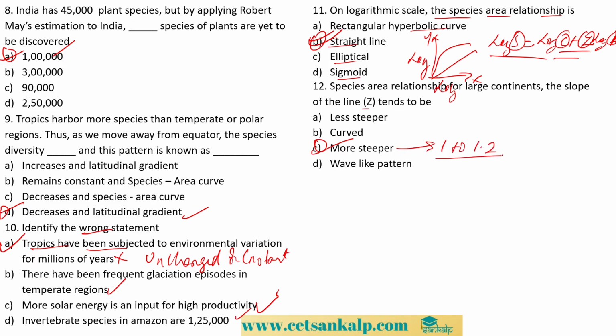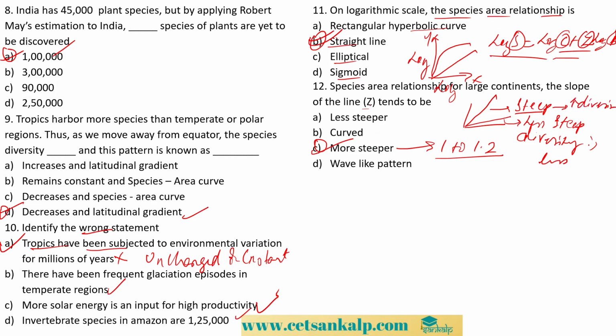If you take a graph, this one is less steep. What does less steep mean? Diversity is less. If it is more steeper, this is a steep curve, a steep line, it means that there is more diversity.